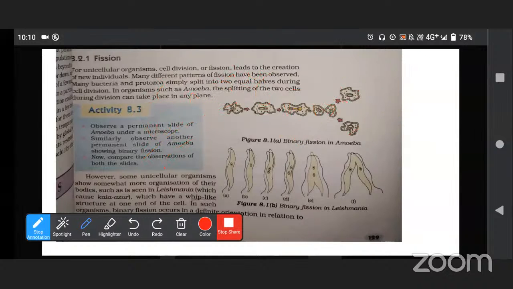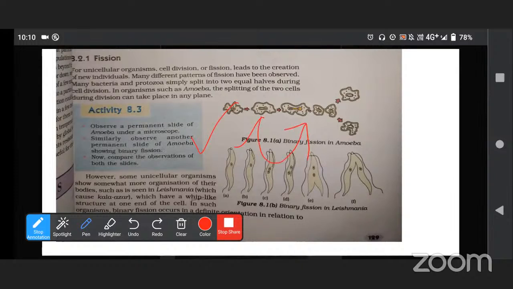Many bacteria and protozoa simply split into two equal halves. Bacteria and protozoa are unicellular organisms. Whenever cells start to divide, they start to split their body parts, especially the nucleus. Whenever the nucleus starts to split, DNA copying takes place.